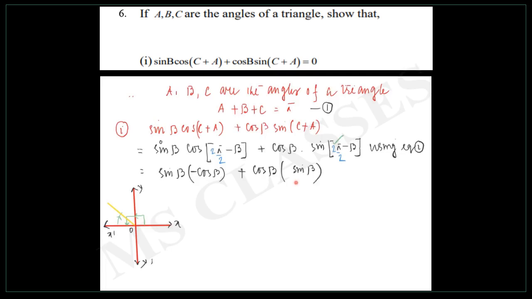Now this is in which quadrant? Second quadrant. So this will be plus, positive, because in the second quadrant sine is positive. So ultimately what we get, children, you see, it is minus sine b cos b plus sine b cos b. And that is it.